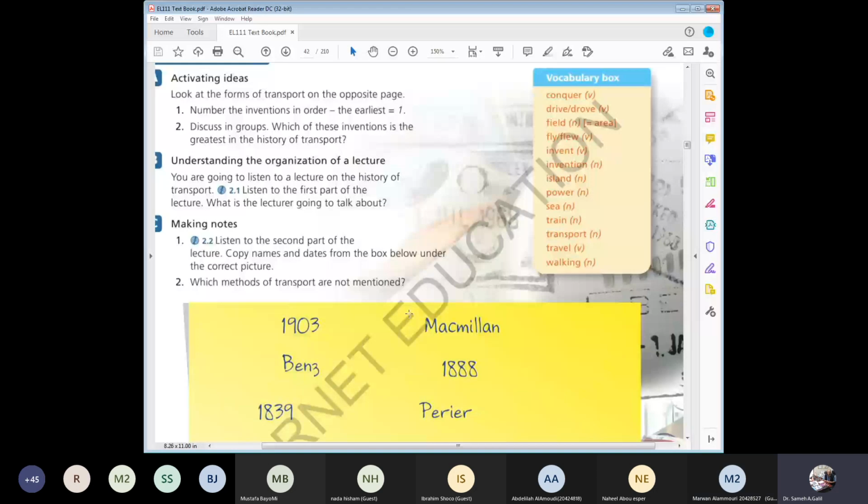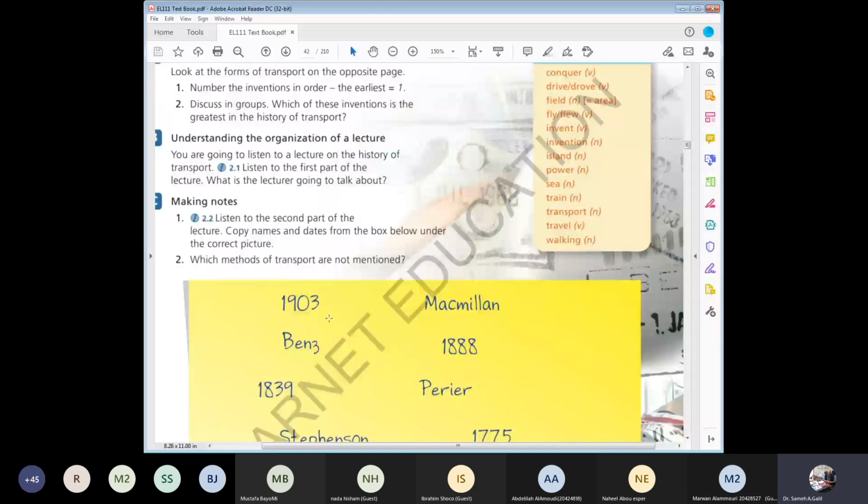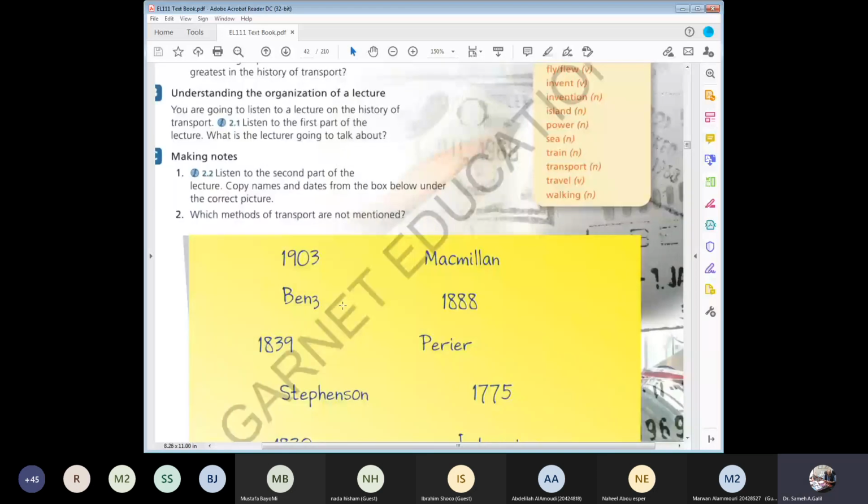So where are we? I think we need to go all the way to transcript 2.1 and listen to the first part of a lecture. This lecture is on the history of transport. What is the difference between sentence and context?